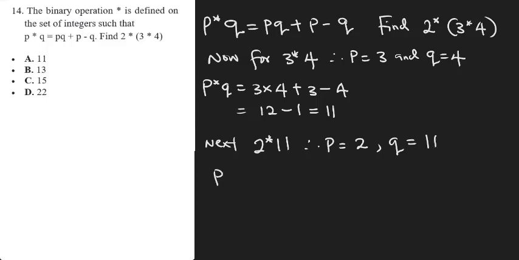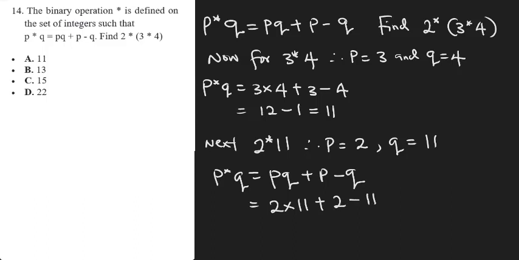Our p asterisk q is equal to pq plus p minus q, which will be, what is our p now? It will be 2 times our q 11, plus p, now 2, minus 11, right? So this is 22, then plus 2 minus 11 is minus 9. So 22 minus 9 is equal to 13. So this is the answer.